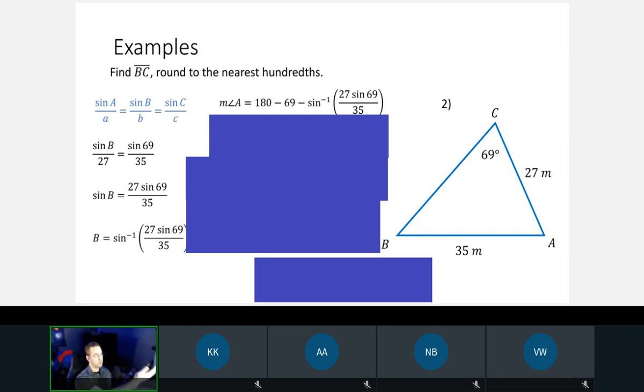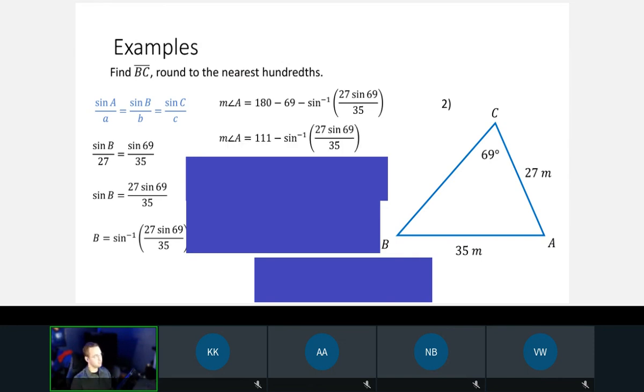The only thing we can actually do here is 180 minus 69 to simplify that at the very least. So angle A, that's the exact value. There's nothing else I can do to simplify that, right? Because if I were to type that in, I would have to round my work. We don't want to do that.